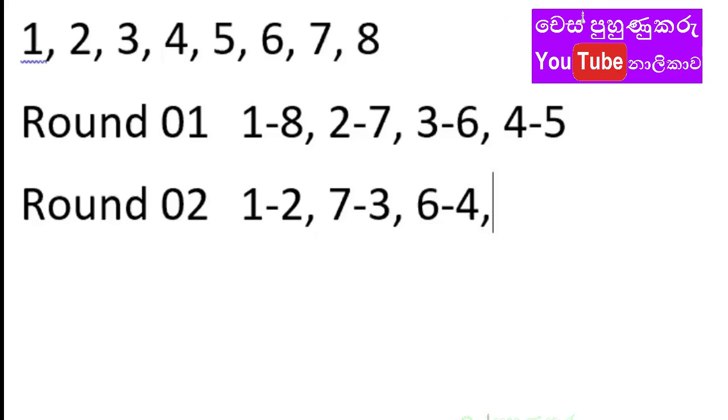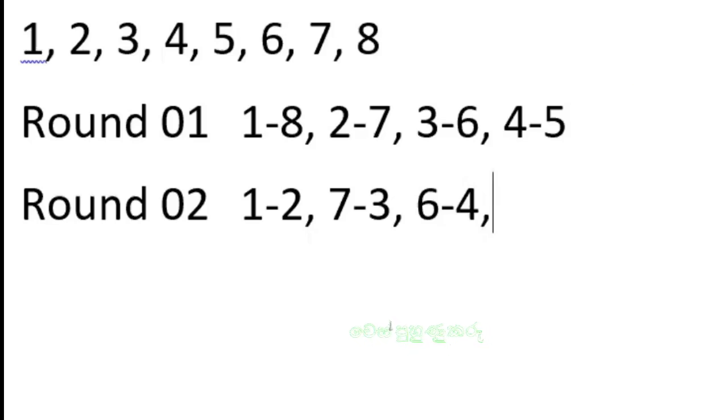In the even rounds, the last number plays with the bottom half, starting with the top number of the bottom half, and the last number is always white with the bottom half.